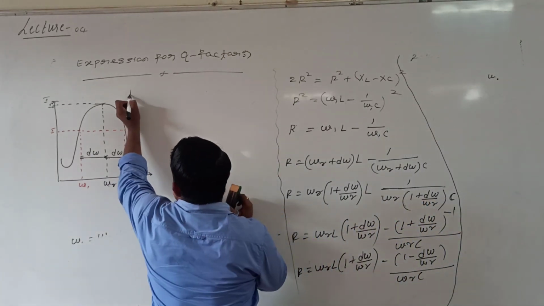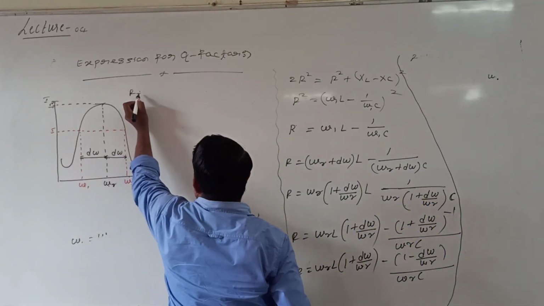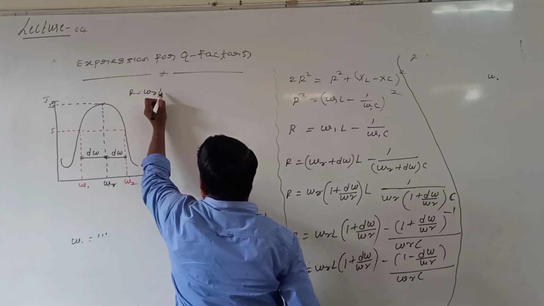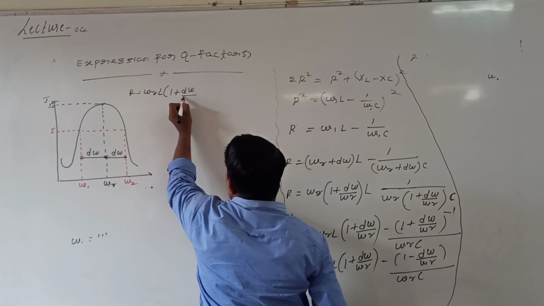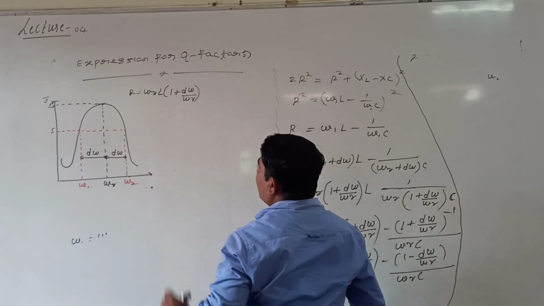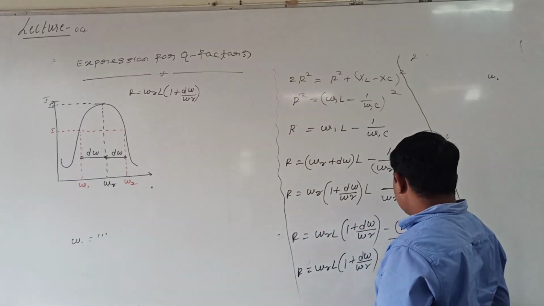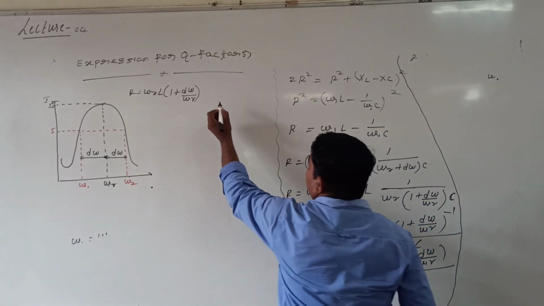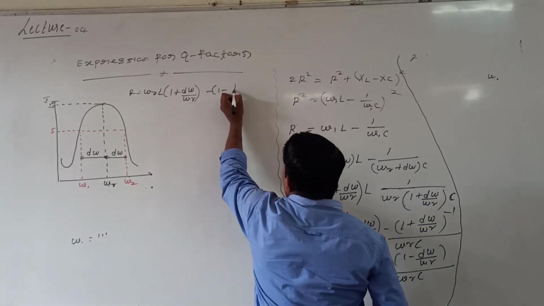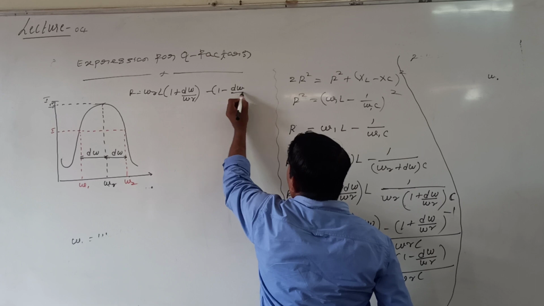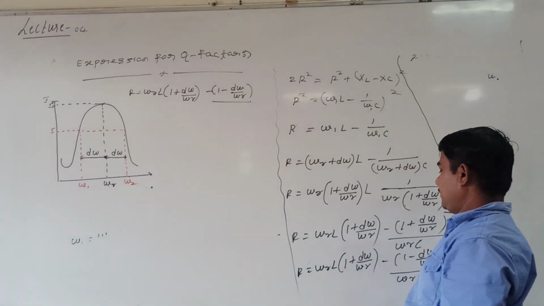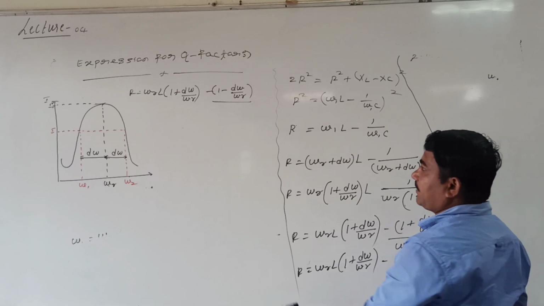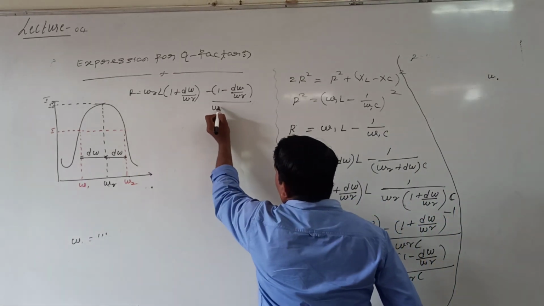R is equal to omega into R into L into bracket 1 plus d omega divided by omega r, this value, minus 1 minus d omega whole divided by omega r, whole divided by omega r, keep it the same.